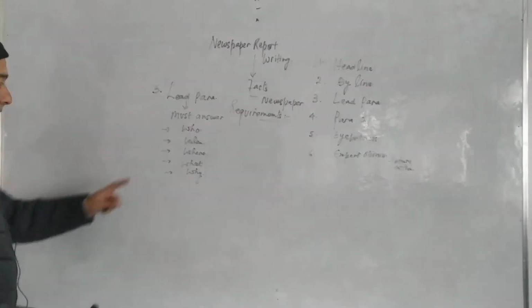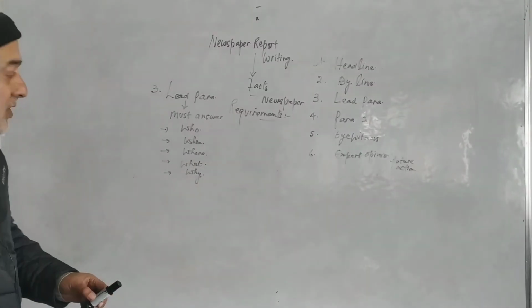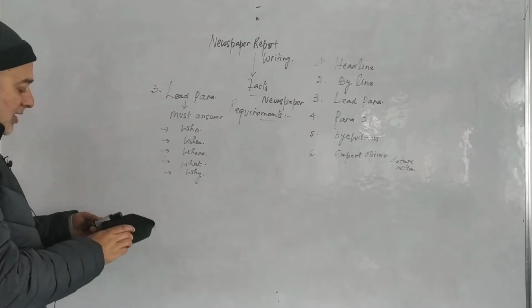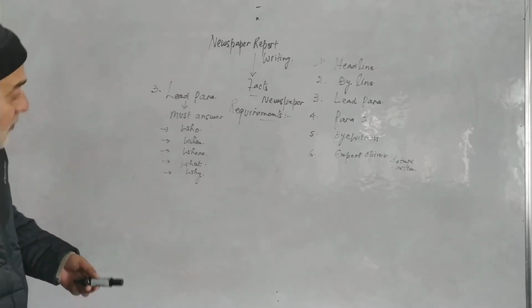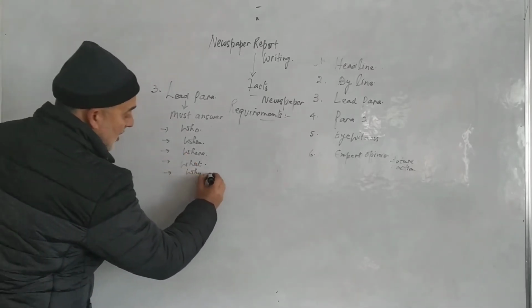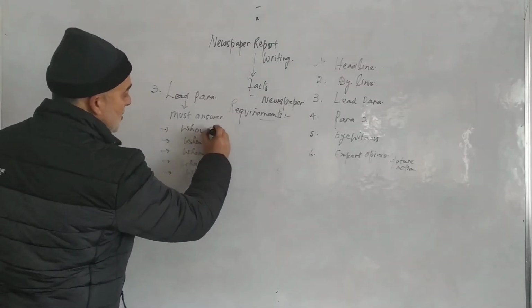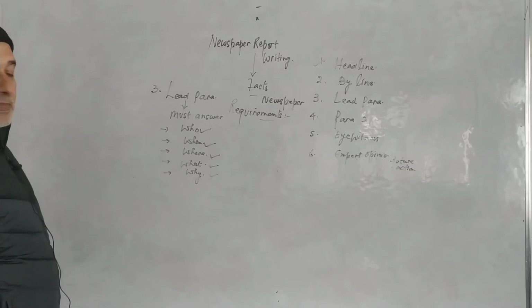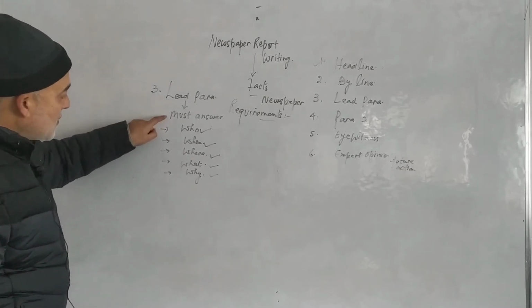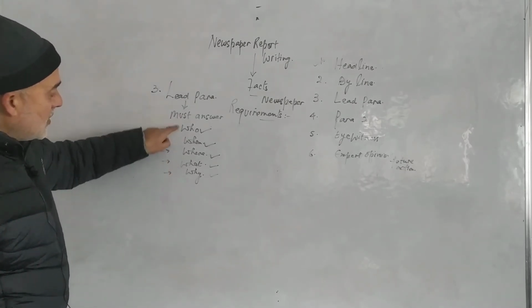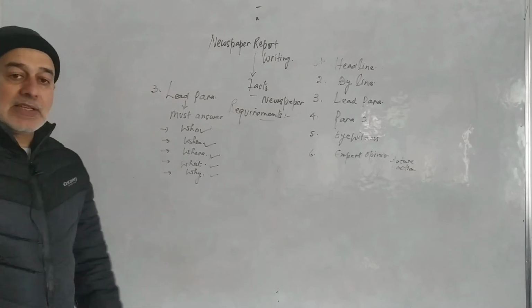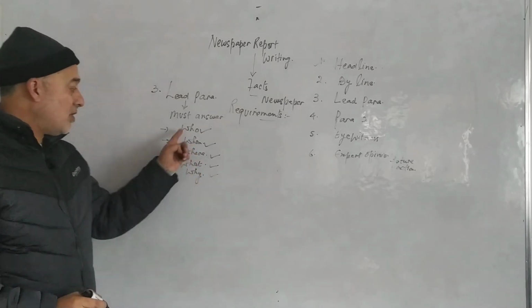So the lead para is a paragraph that covers these questions, like it has to answer why it happened, what happened, where it happened, when it happened, who was affected. It is not necessary that you answer every question.